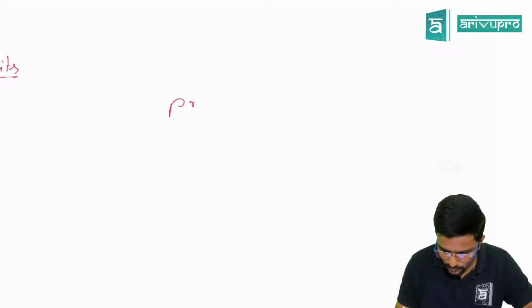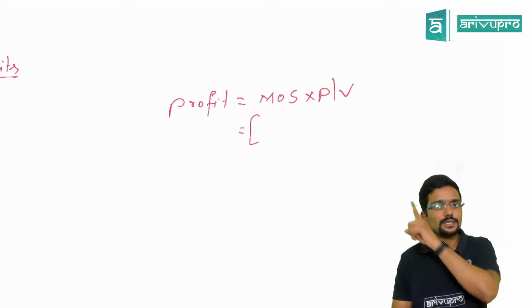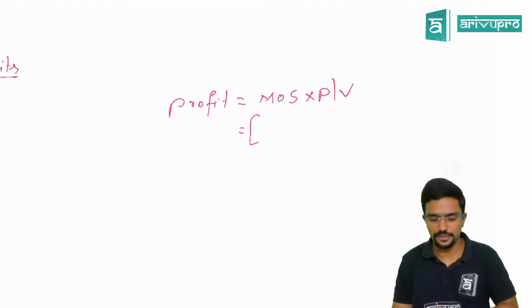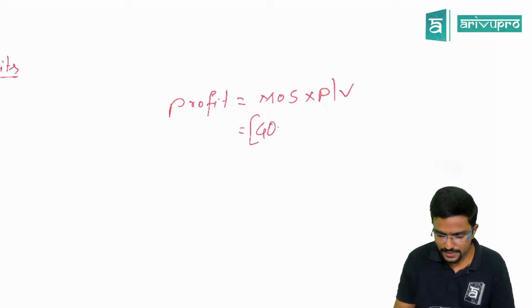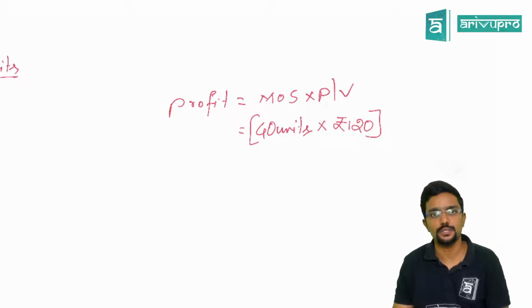Profit is equal to margin of safety into PV ratio. Agree, this is one of the formulas. How much is margin of safety? 40 units, because my break-even sales is 200 units. So 40 units is my margin of safety. And what is the selling price of each unit? 120. This will be my margin of safety in rupees.